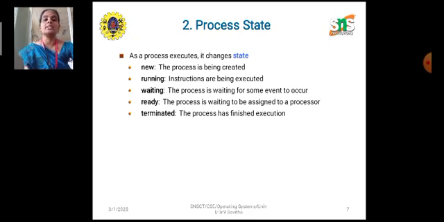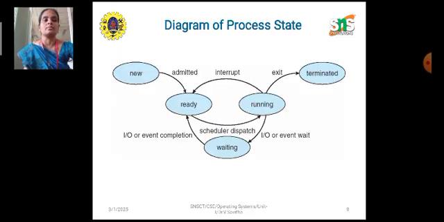During the running stage, if it needs an IO operation to be carried out, it is put in the waiting state and then returned to the running state. Whenever the process enters the queue for executing on the CPU, it is called the ready state. Finally, the process is terminated after its execution is over, which is called the terminated state.